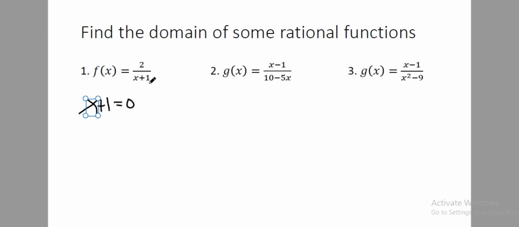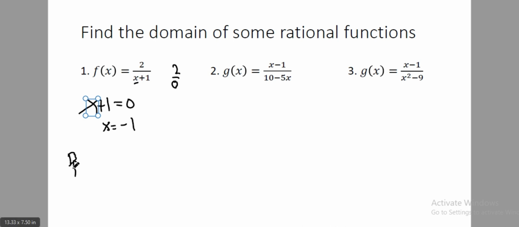So x plus 1 equals 0, and then do your algebra. So x therefore is negative 1. It means that if x is negative 1, the denominator is 0, right? It means that 2 over 0 is undefined.